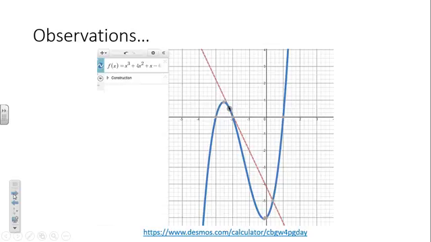Let me write the equation out so you can see it better. x cubed plus 4x squared plus x minus 6 has 3 zeros. What are those zeros? 1, -2, and -3.